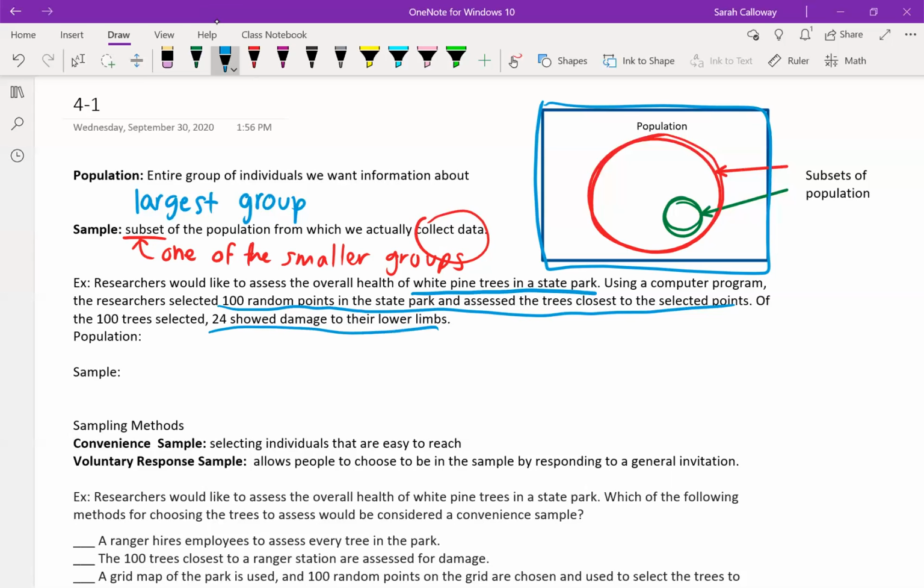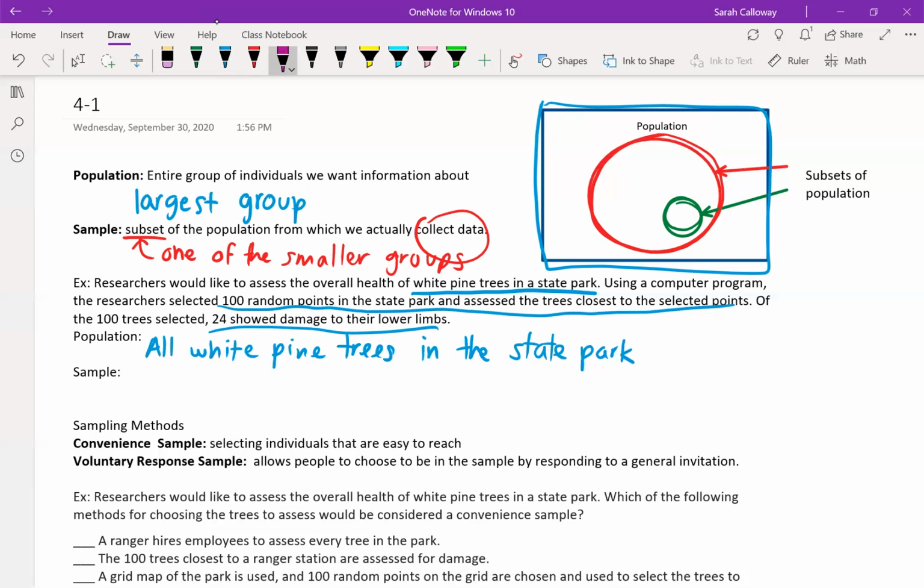So again, the biggest group is all white pine trees in the state park. And then we have two other groups that we have to figure out which of these is the actual subset, the actual sample.